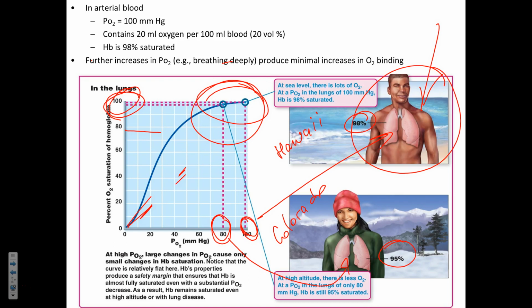Does that make sense? If we continue the curve, it'll go maybe like this. So I can get to 120, 140, and I will still be at about 98, 99% saturation. You can't go above 100. Does that make sense? It's kind of an interesting consequence.